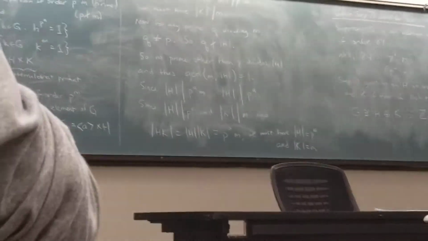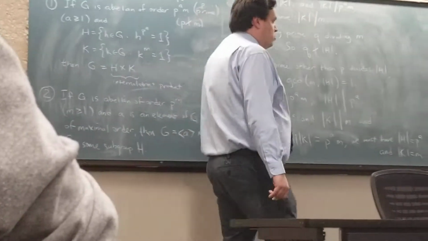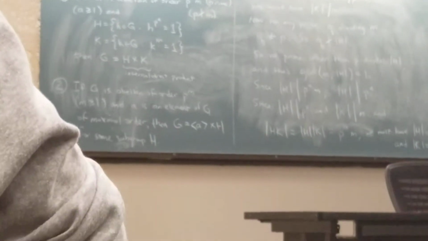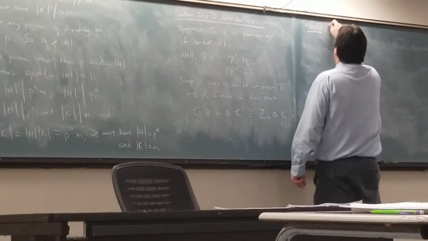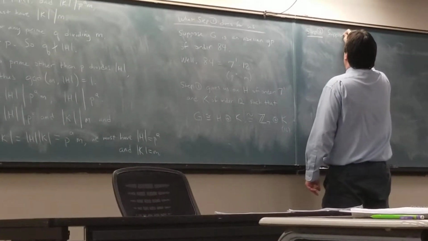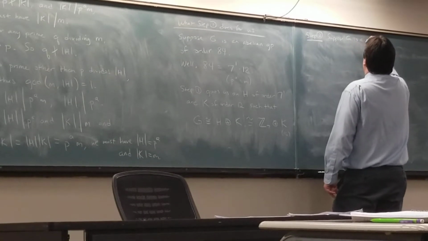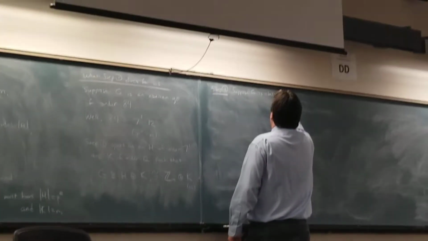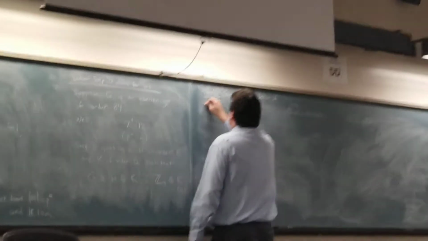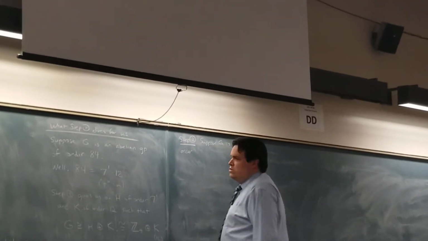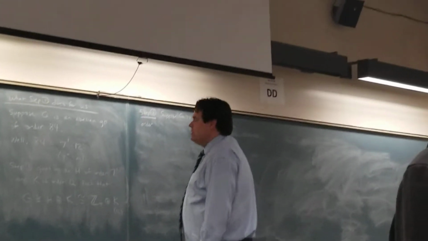Okay, so step 2, let's assume G is abelian of order a prime power, and you'll notice I'm switching the exponent here, p to the n.